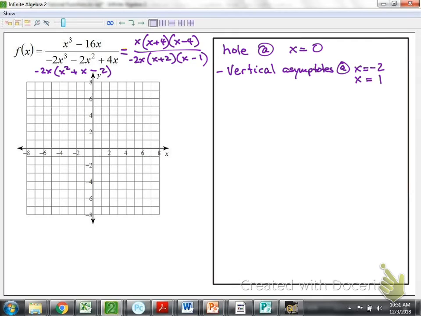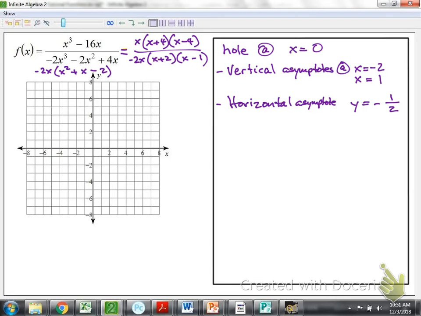Y'all with me? Let me just ask you some more questions. What is the horizontal asymptote? Do we have one? Y equals negative 1 over 2, let's just say y equals -1/2.